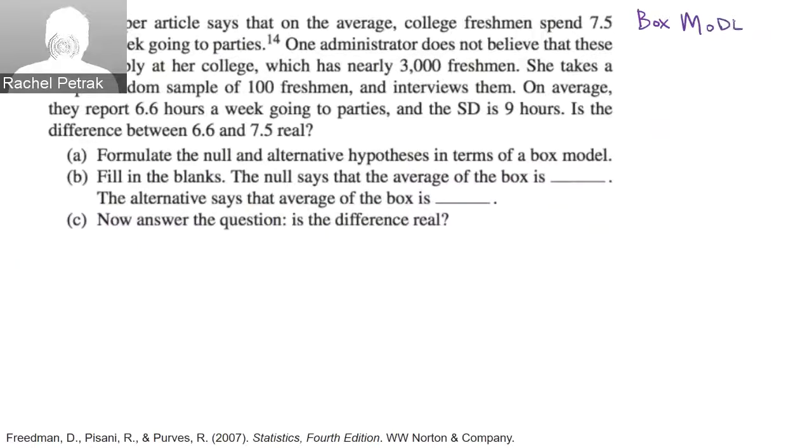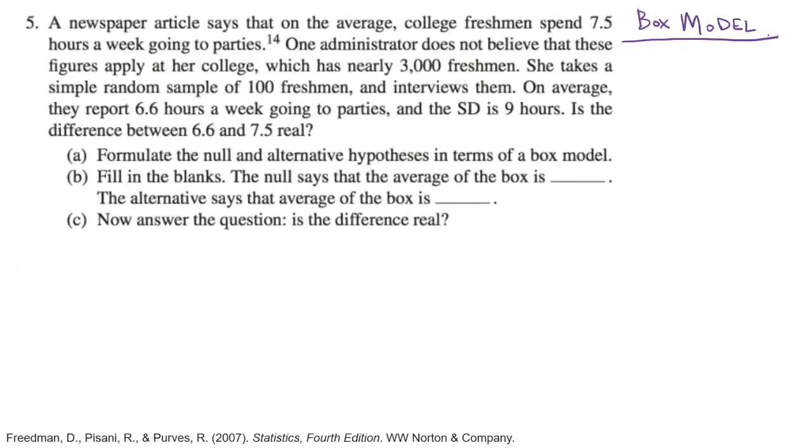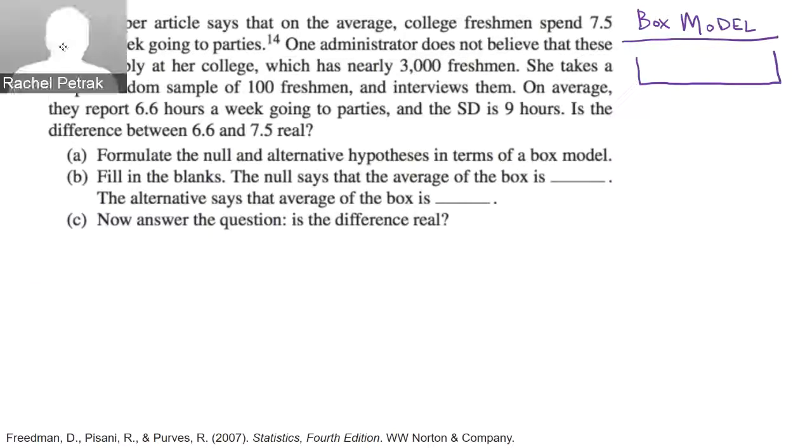So of course, our first step is to set up our box model. In this case, what is in the box? Well, our tickets, it's a little trickier.